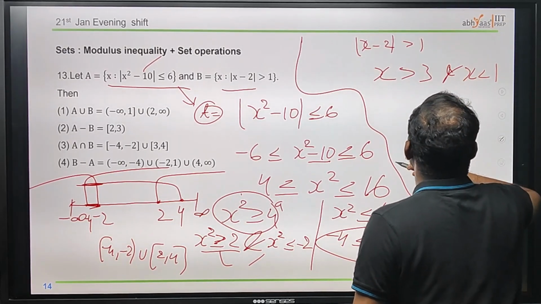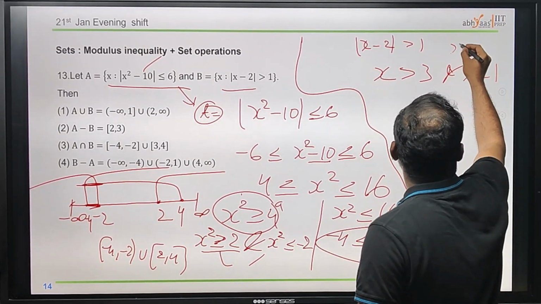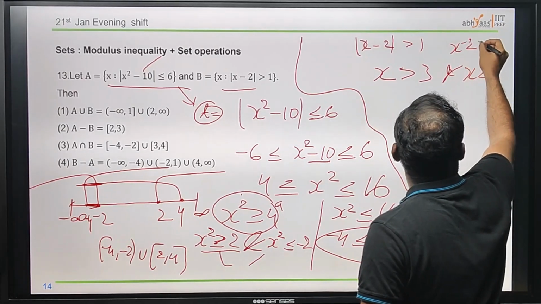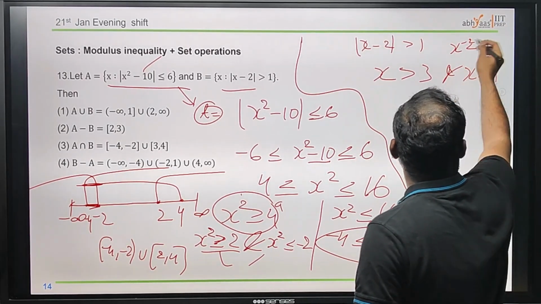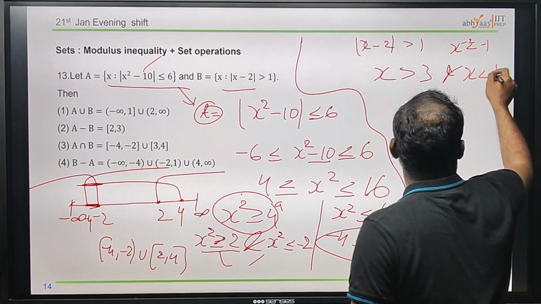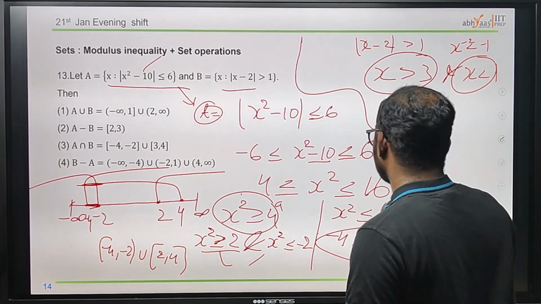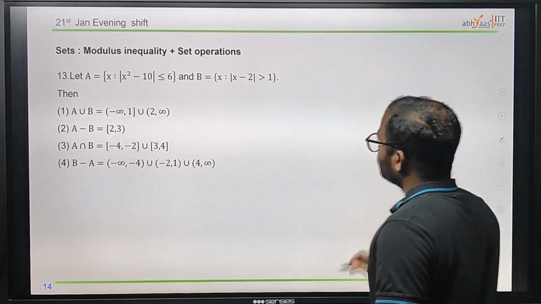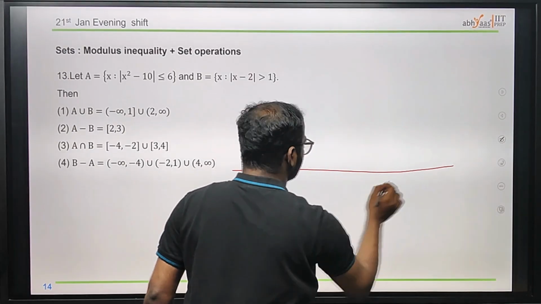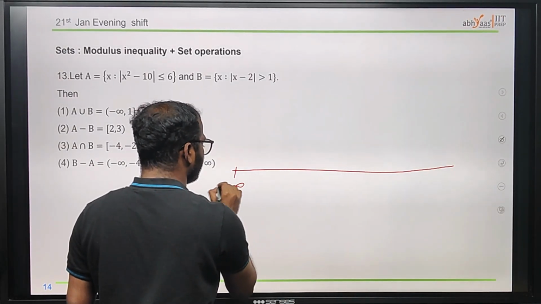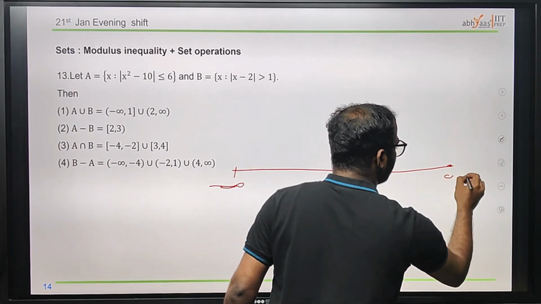Then x minus 2 less than minus 1, then 2 came here, that will be plus 1. If you just draw the number line, we have minus infinity and plus infinity.